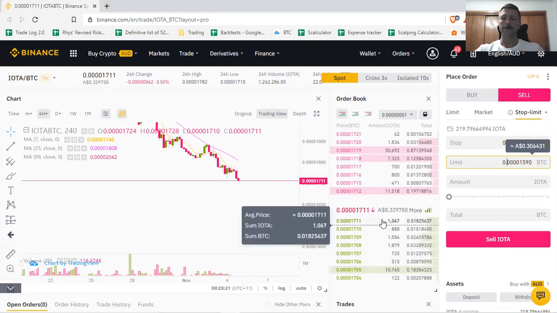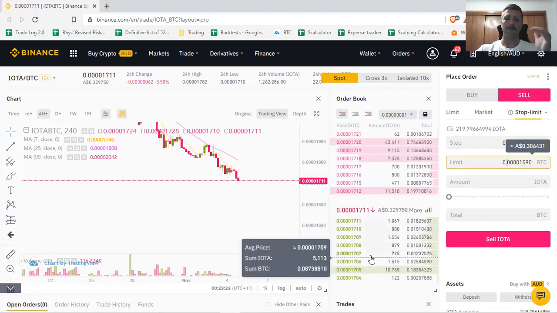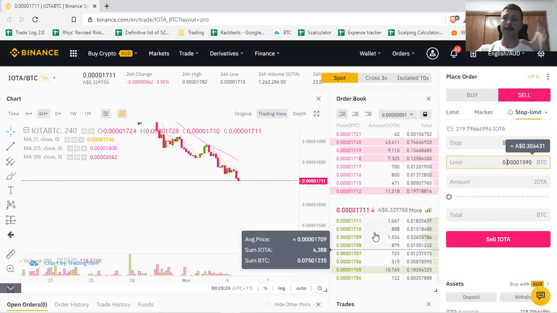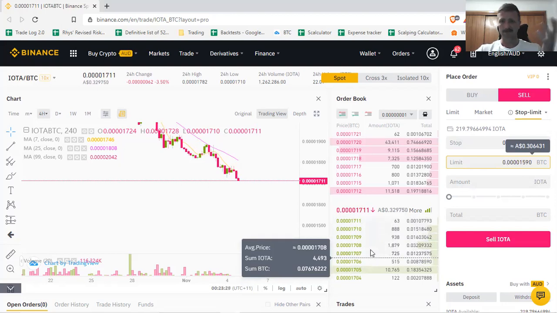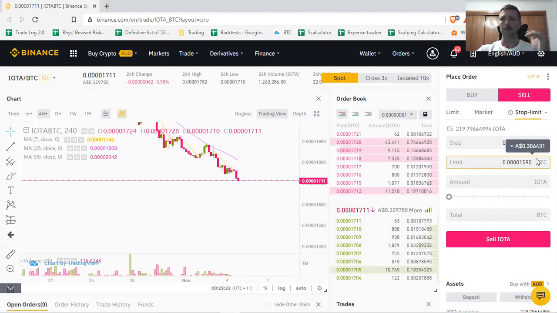I usually look at the order book and I go about halfway down it in terms of the gap. So let's say here I'd be going from 11 to 7. That's a gap of 4 sats. So I'd probably actually set this at 1596, but I'd probably actually set it at 1595, to be honest. I like my round numbers, but we'll go with 1590 for the sake of this example.